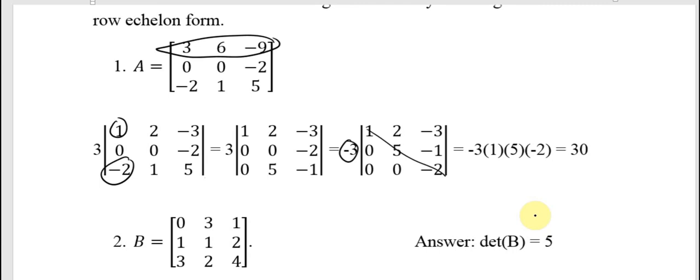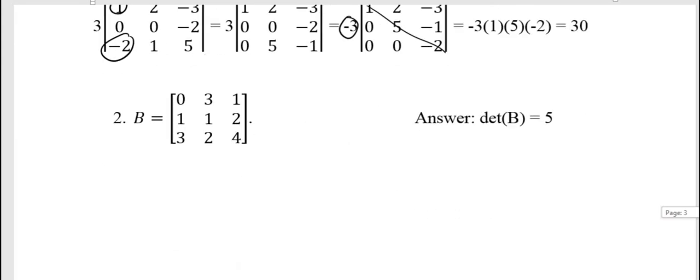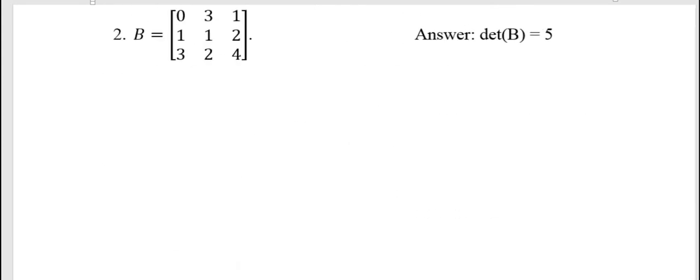Now this next one I'll work out by hand. Okay, so I'm going to interchange rows 1 and 2. So it's negative. This is 1, 1, 2, 0, 3, 1, 3, 2, 4. Alright, so now I'm going to use this 1 to get a 0 where that 3 is, right?